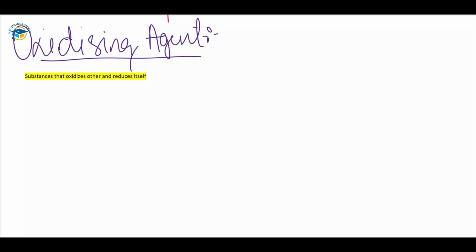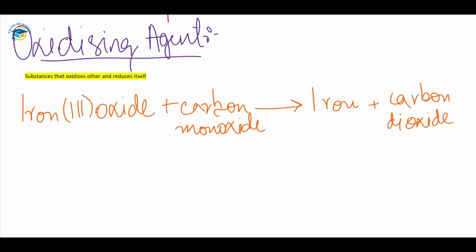For example, I will take the example in which we discussed the extraction of iron in the blast furnace, in which carbon monoxide removes the oxygen from iron oxide. This is the example for the oxidizing agents.